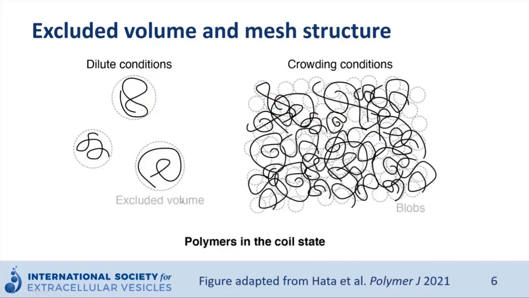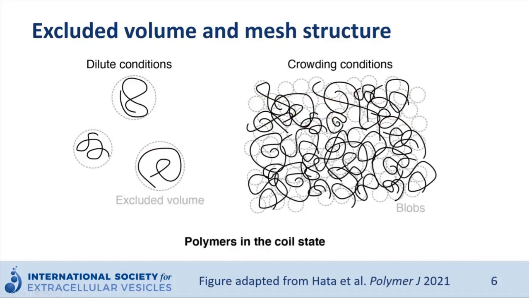For example, in dilute condition, we can see that the chain of this molecule forms a hollow structure, and the green circle represents the excluded volume of this molecule. Such hollow space can be taken by another molecule such as protein.